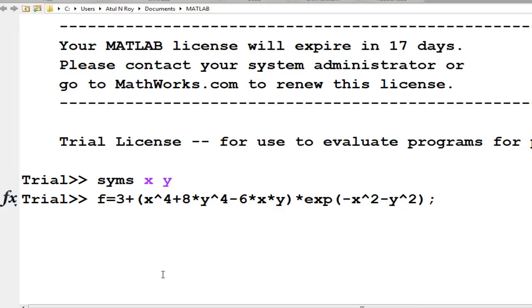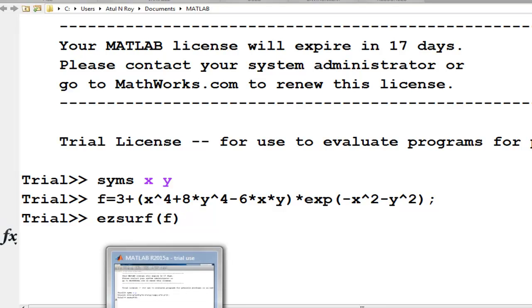Oh no, sorry. Let's just hold on to it. I think we typed it correctly. All right, and we will look at an ezsurf of f. Okay, and the graph should be coming up.